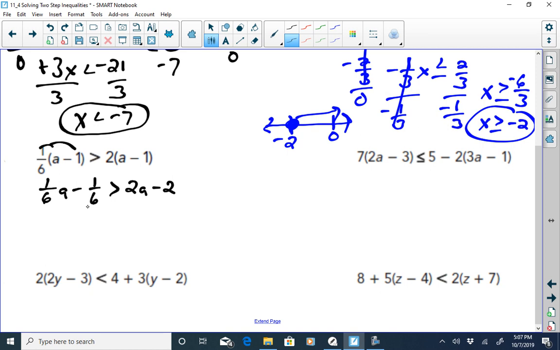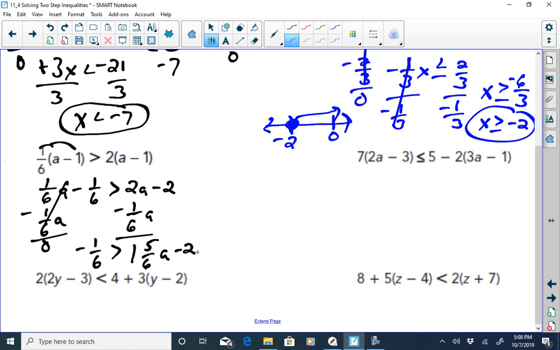I want to remove the variable with the smaller coefficient, so I'm going to subtract 1/6 a on both sides of the inequality. They cancel. That's 0. So now I'm left with negative 1 over 6 is going to be greater than, well, what's 2 take away 1/6? Well, that's going to be 1 5/6 a minus 2.